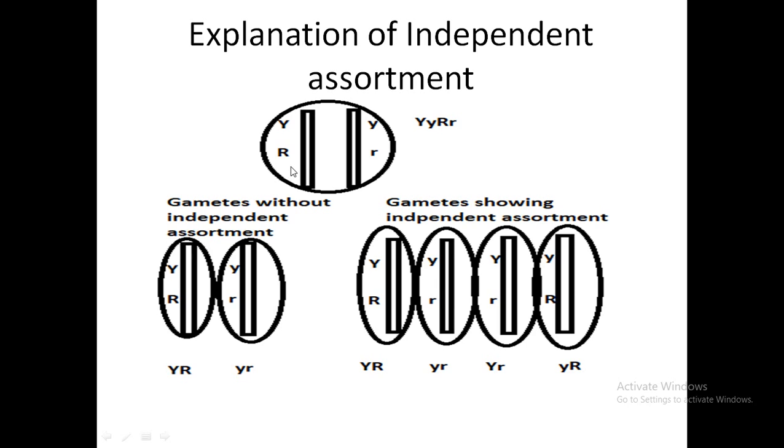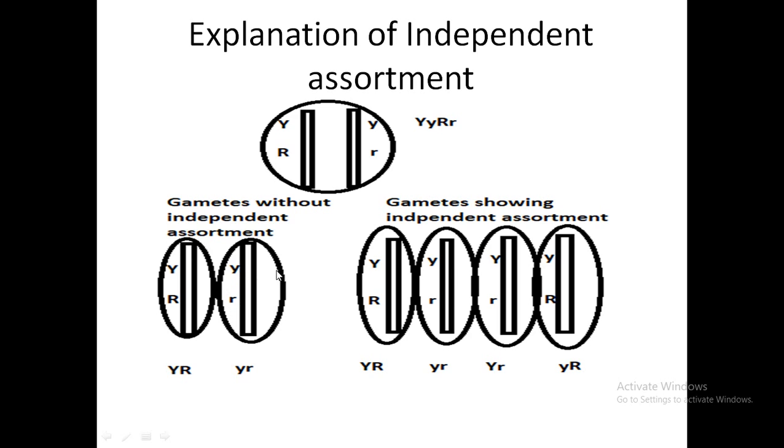So what we generally expect is that gametes will either have both the dominant alleles in one gamete and both the recessive alleles in another gamete.